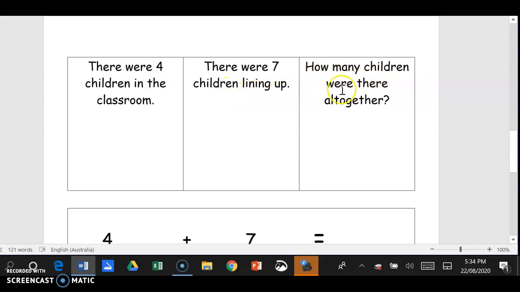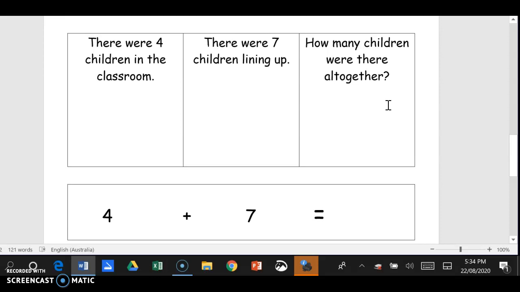How many children were there all together? Question. How many altogether? Let's work that out. 4 plus 7 equals, I have to add 4 plus 7 together to get 11. So there were 11 children all together.